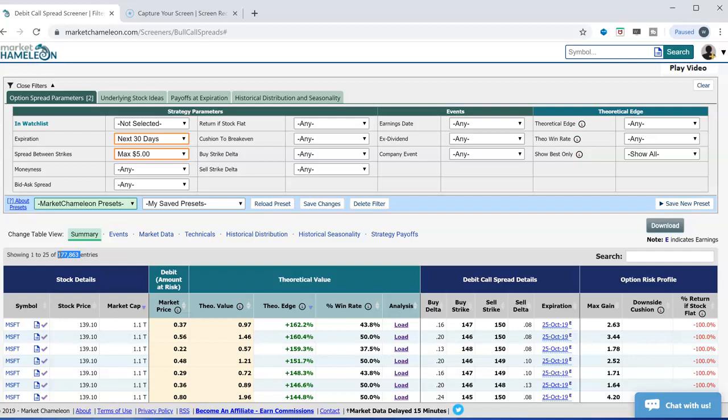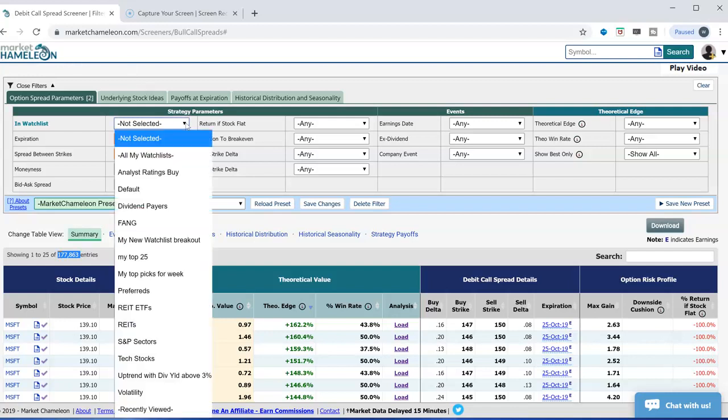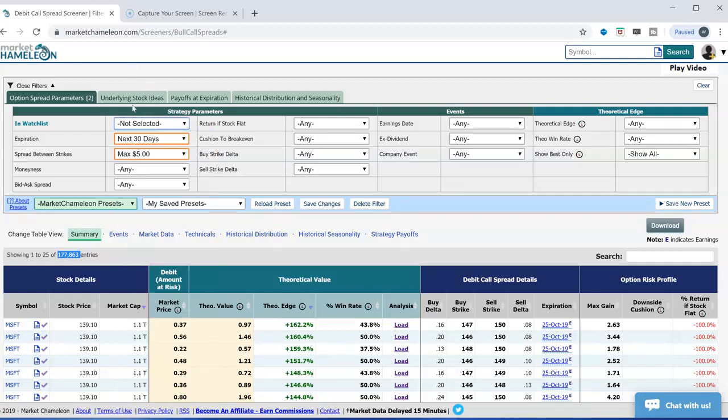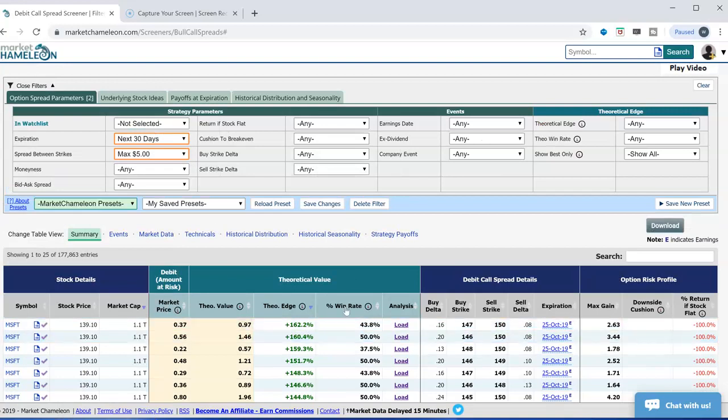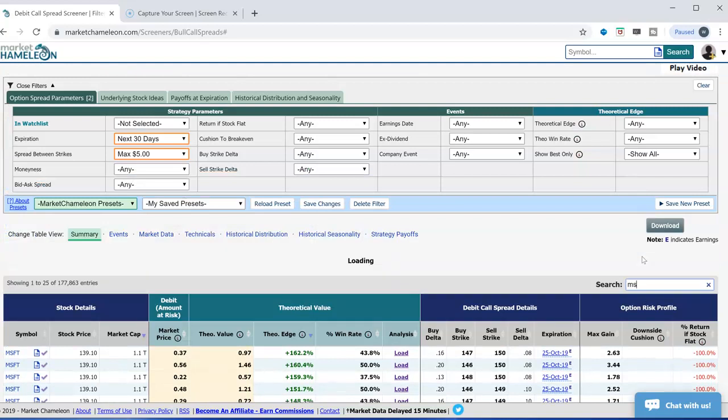Of course, if you want to just look at stocks in your watch list, if you create a watch list of 20 or 30 stocks, you could do that as well. You can choose my watch list, or stocks in the S&P 500 or Dow Jones, and narrow it down that way. But as you can see, Microsoft alone, I'm just going to filter out just Microsoft call spreads, and we'll take a look at how many possibilities you have in one stock.